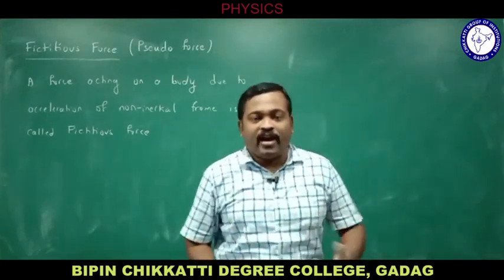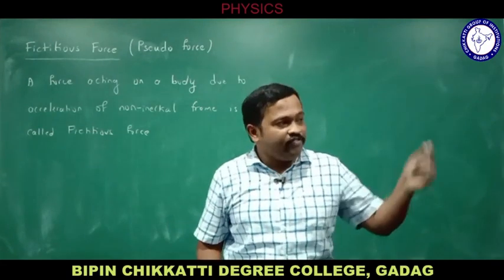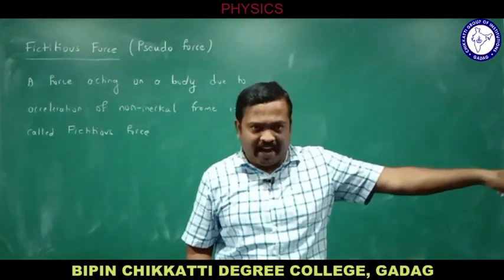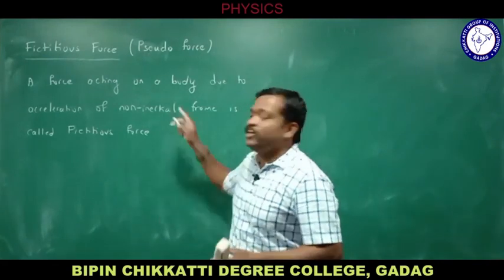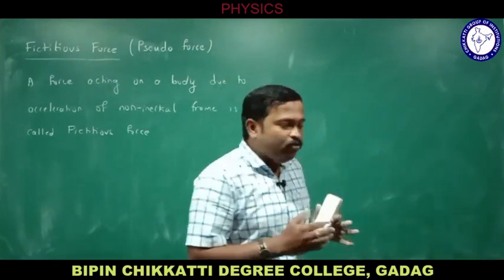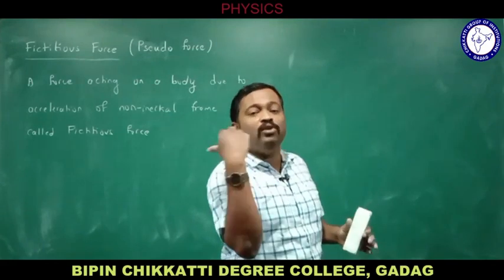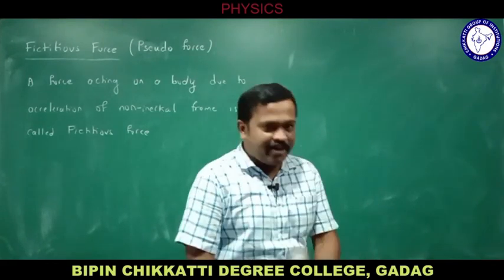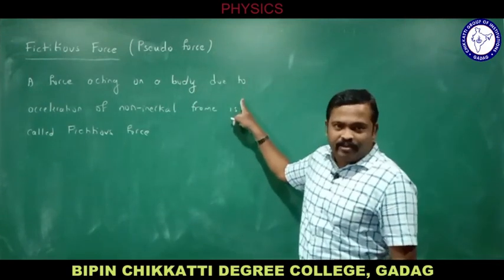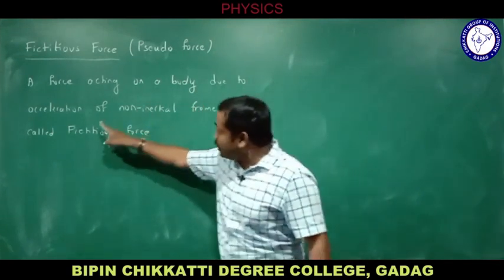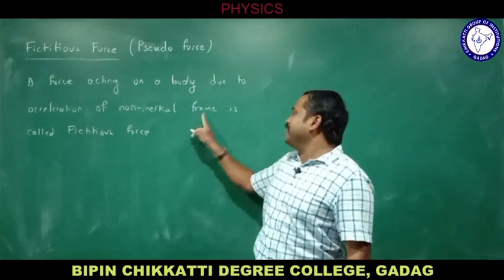For example, I told you, if you are standing in a bus and the driver suddenly puts on the brake, I move forward and the pseudo force is acting on me, and that force is called fictitious force, right? Why is it acting on a body? Due to the acceleration of a non-inertial frame.